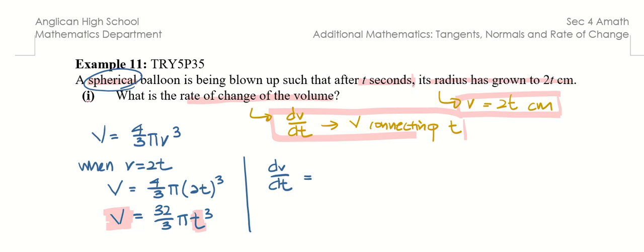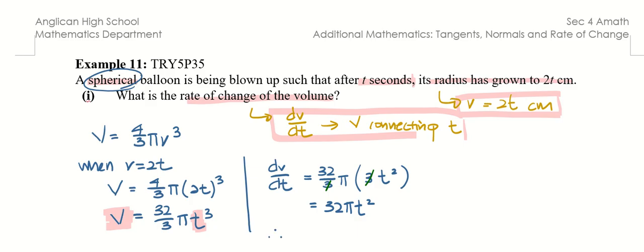Now that gives you 32 over 3 pi t cubed. Bring down the 3, it becomes a square. And of course, the 3 and the 3 are eliminated, and you're left with 32 pi t squared. So therefore, let's answer the question.